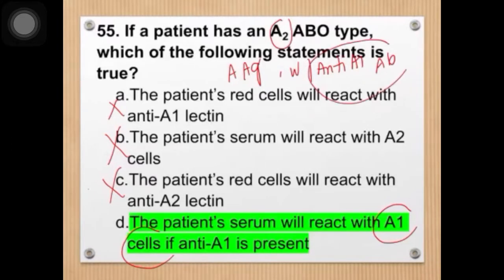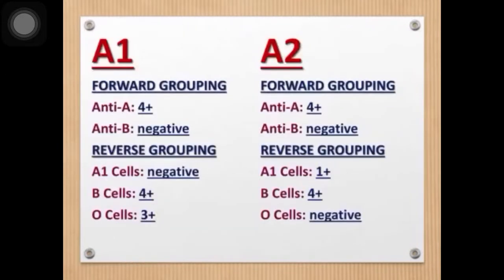Just a review, pag ikaw ay A1, meron kang A at saka A1 antigen, which is the reason bakit yung mga A1 individual, may reaction po sila with Dolichos biflorus. Pag A1 ka po, kakaunti yung H mo kasi majority ng H ay na-convert sa formation ng A antigen. So yung mga A1 individual, meron po silang anti-H.